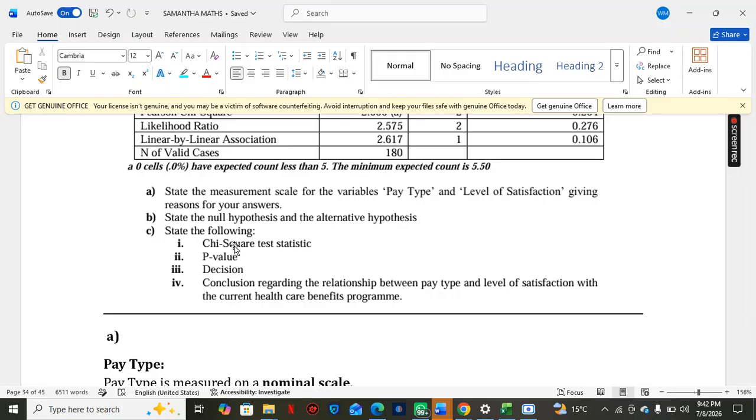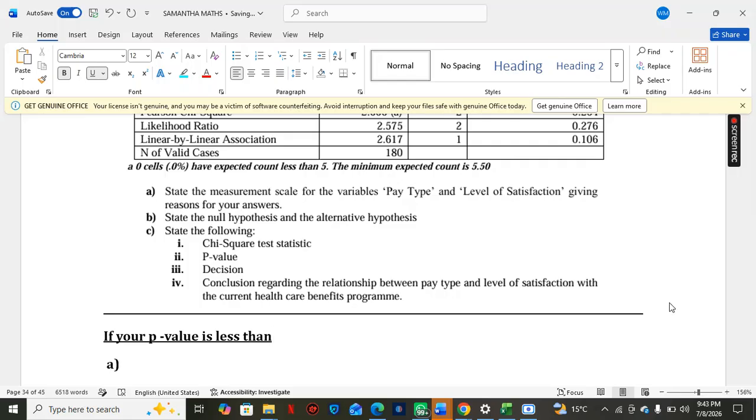The p-value rule says that if your p-value is less than 5%, reject the null hypothesis. What this 5% represents is the 5% chance that your results are random.